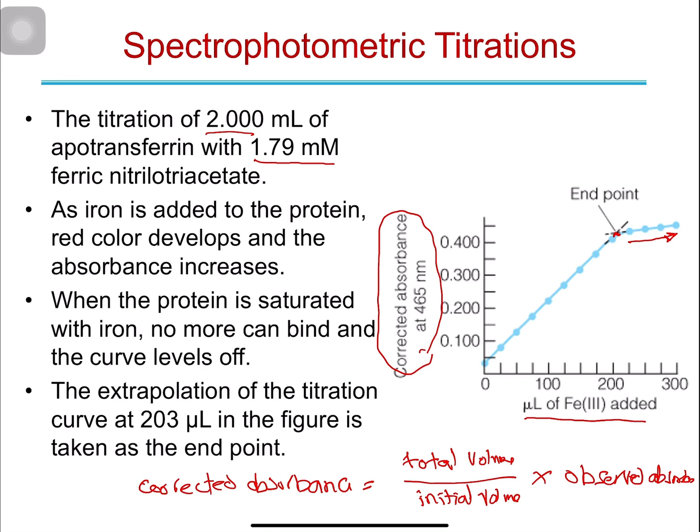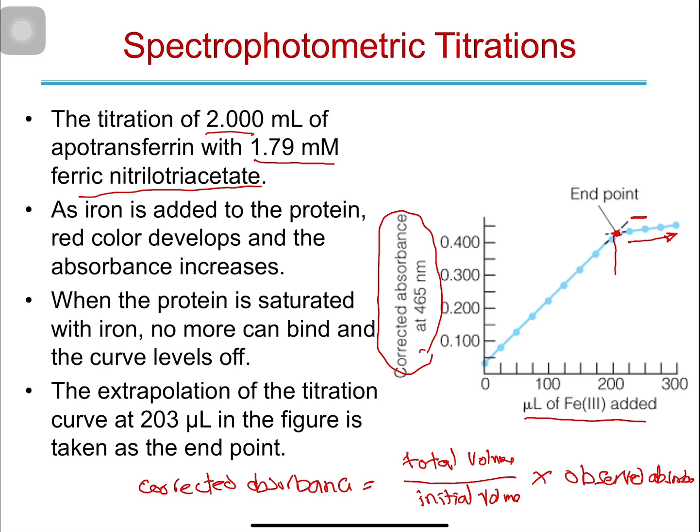This is not due to the formation of the colored complex, but because the titrant itself, the ferric nitrilotriacetate, also absorbs at the same wavelength, which is 465, but the absorbance here is much less than the absorbance of our colored complex. That means this is the endpoint when you see that the straight line is no longer straight, but it levels off. So this point is our endpoint.